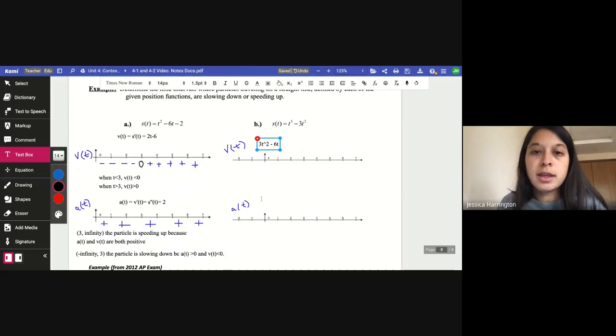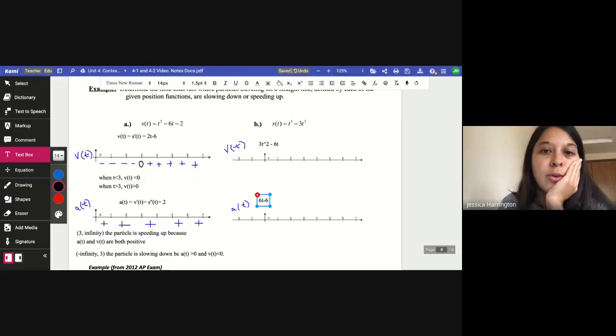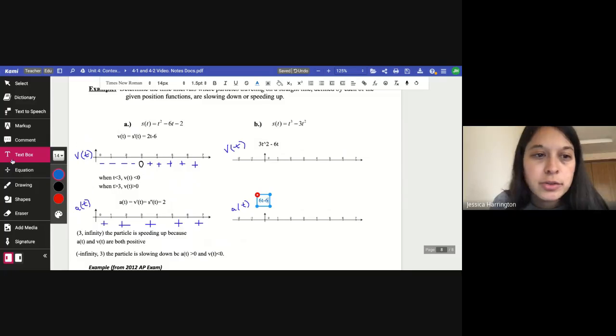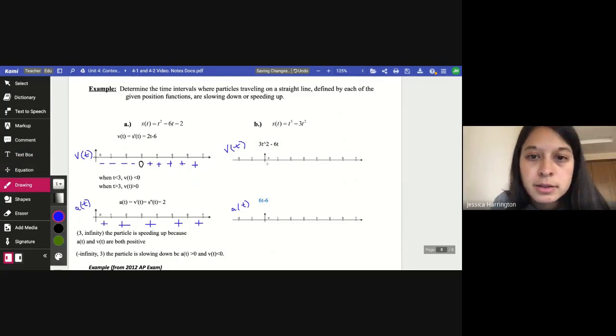And then I'm going to go ahead and find the acceleration function here, which is the derivative of that one. That's going to be 6t minus 6. Okay, so I found those derivatives. Now, when is the velocity going to be 0? It's going to be 0 when that function is equal to 0, which is at t equals 0 and t equals 2.